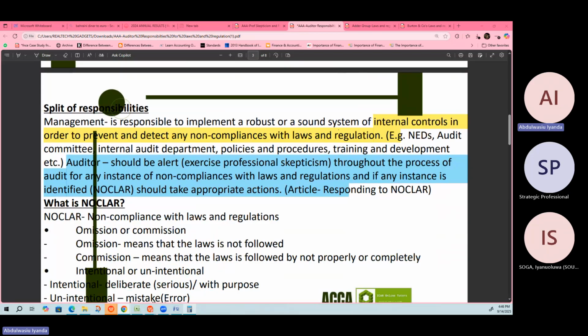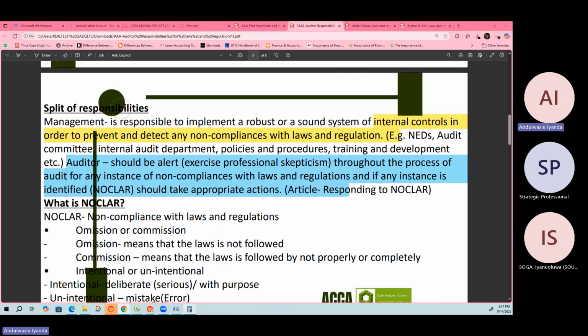So how can management discharge this particular responsibility? One of the ways management can discharge this responsibility is to make sure that they set up an effective internal control system. So that if there's any instance of non-compliance, this internal control system will be able to prevent it, and also be able to detect it.